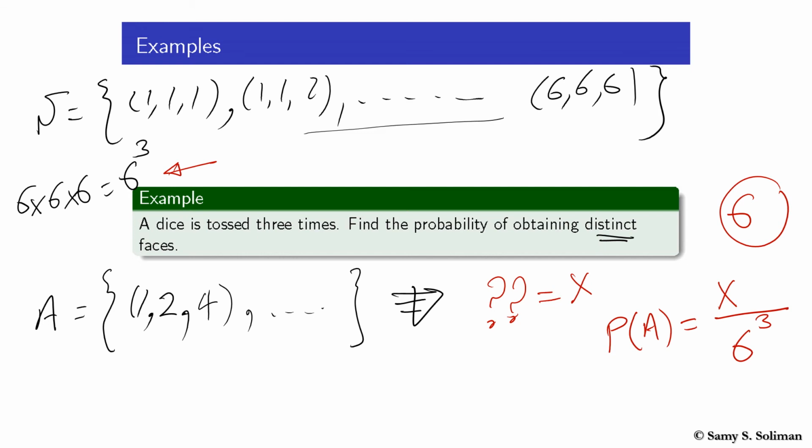So this will be left as an example for you to think of a way to find the number of ways to obtain distinct phases, and that will be our x. However, the needed answer will be finding the probability of such event, in which you have to divide that number of possibilities that you will find by the overall number of possibilities of having 3 phases in general, which is 6 power 3.